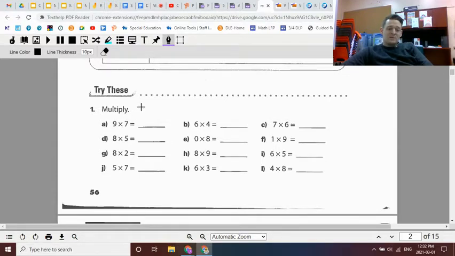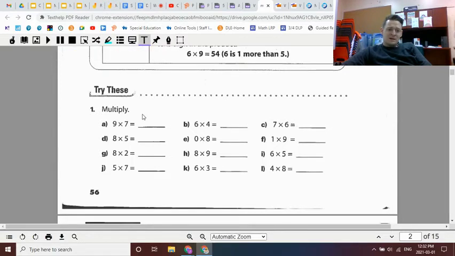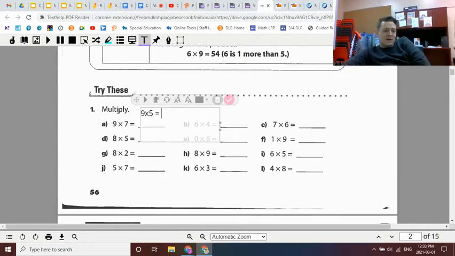What I'm going to do with this one to make it easier is break it into friendly numbers. I like to count by 5s. Counting by 5s is easier than counting by 7s. So 9 times 5 would be 5, 10, 15, 20, 25, 30, 35, 40, 45. Okay, cool. So 9 times 5 is 45.